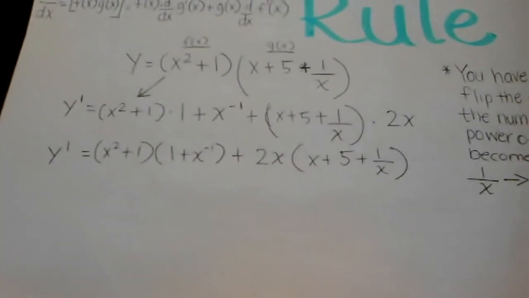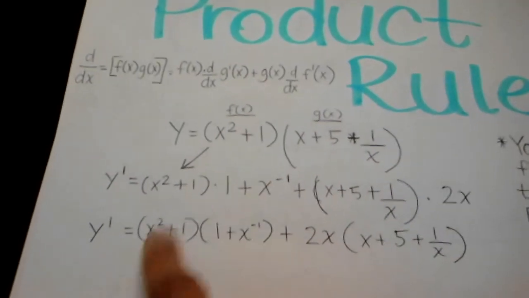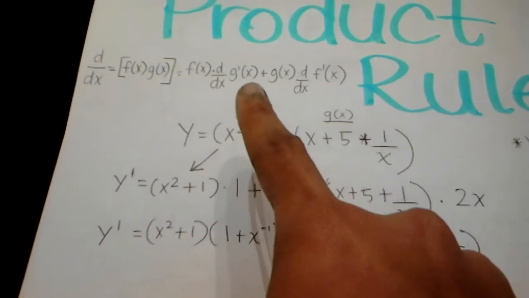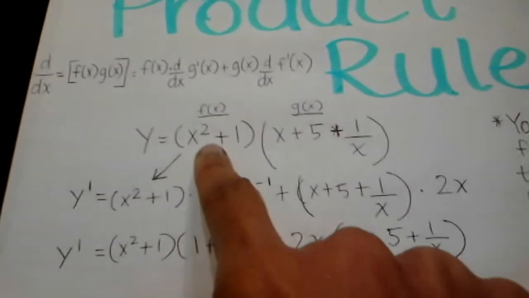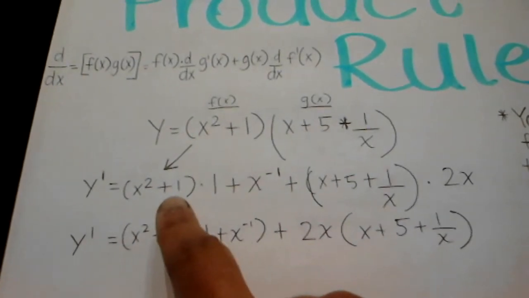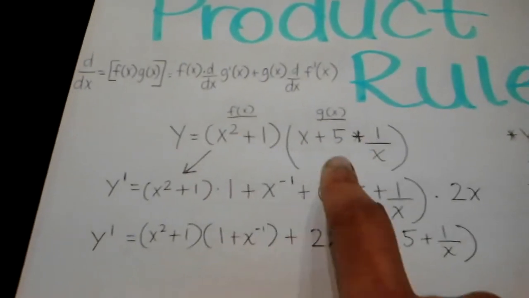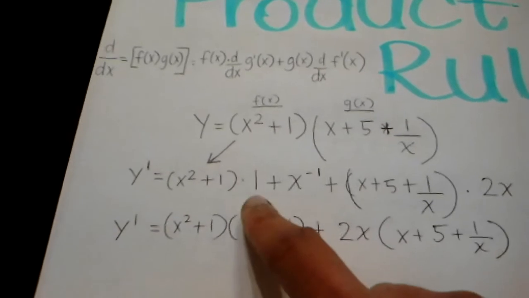Then you're going to bring down the first function because you're not solving for the first function, you're solving for the derivative of g of x first. So you're going to bring down the x squared plus 1 down here. Then you're going to solve for the derivative of g of x, which is x plus 5 plus 1 over x.